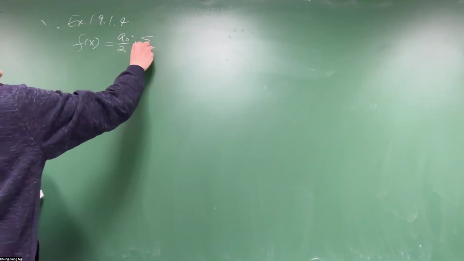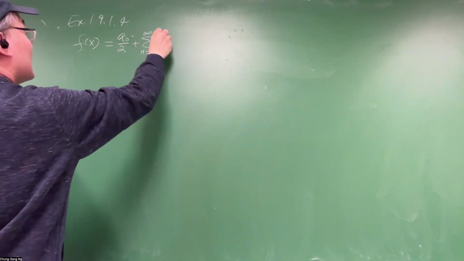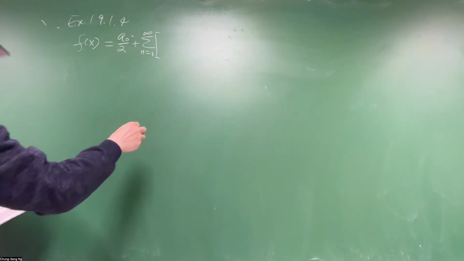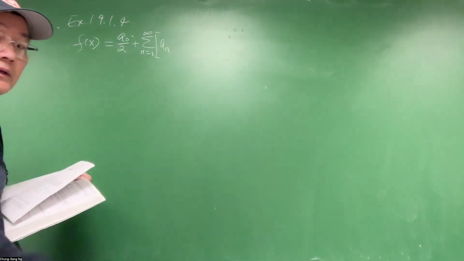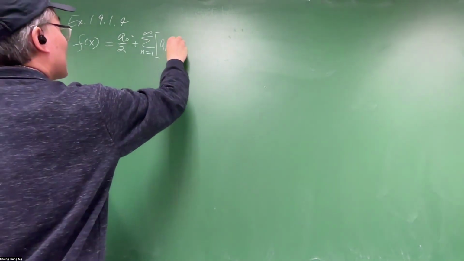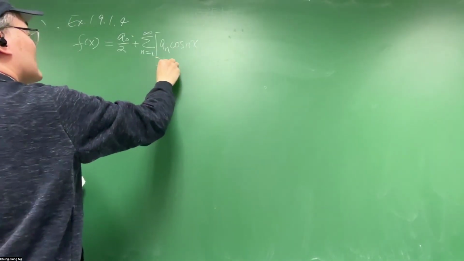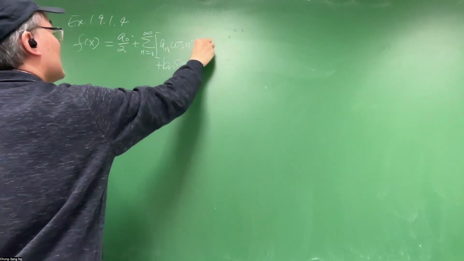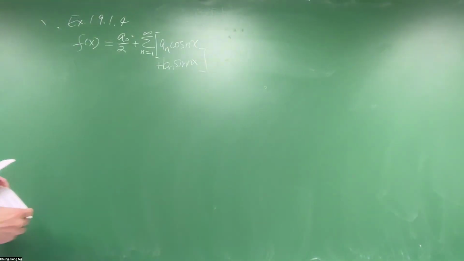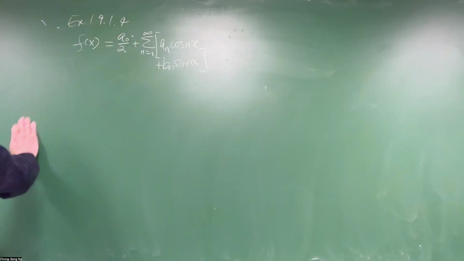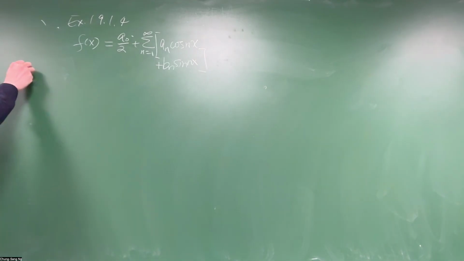This constant term and all the cosine terms, a sub n cosine nx, right? And all you need to do now is just to work out the integration, so integrating from minus pi to pi.